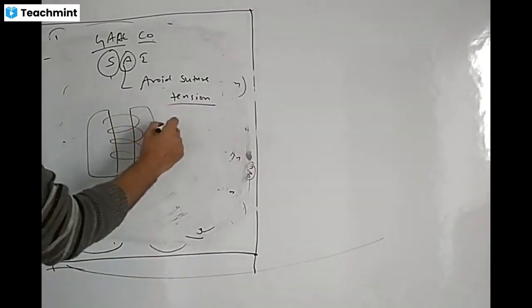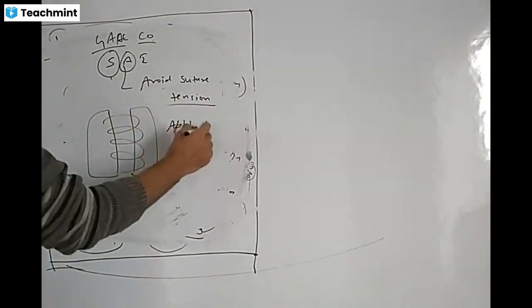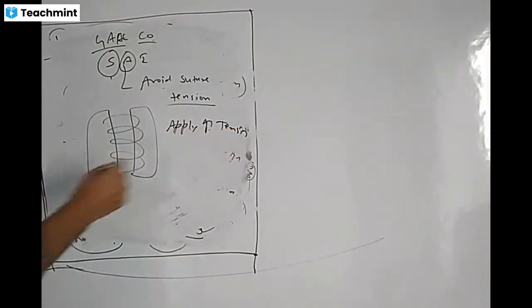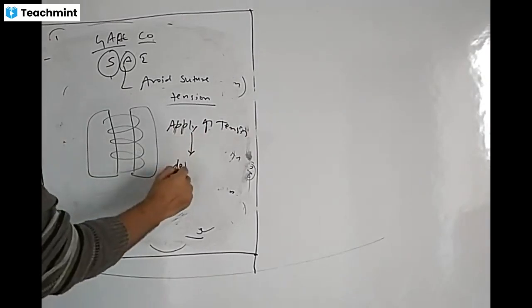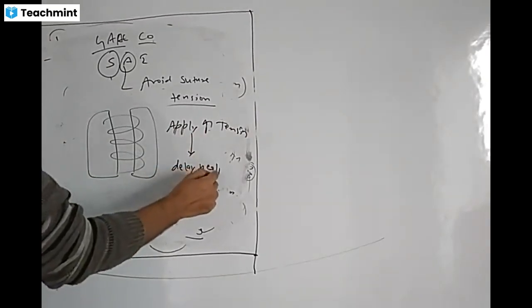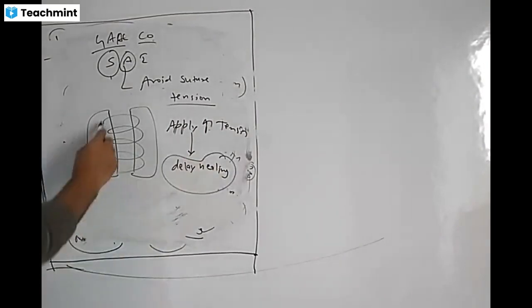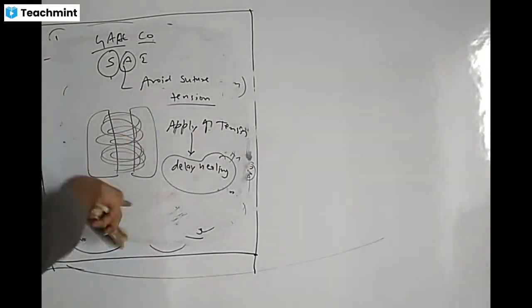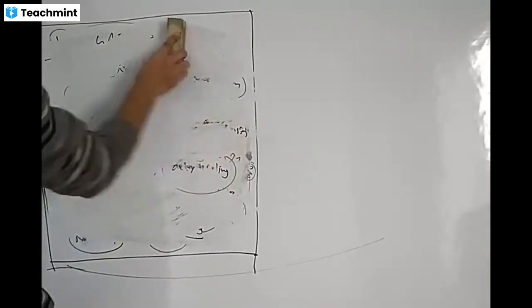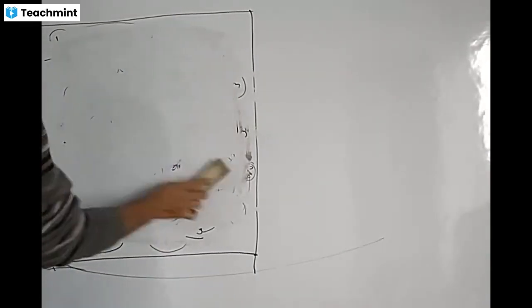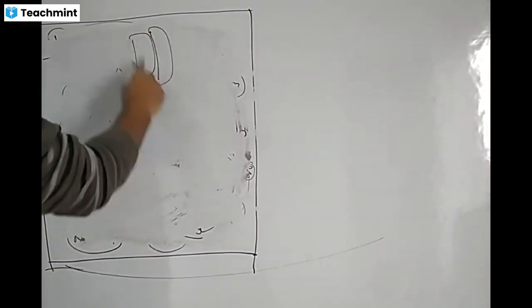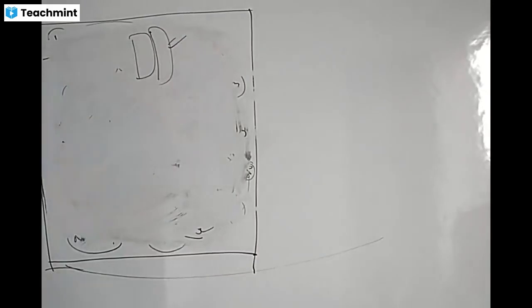If we apply more tension on the suture, if we apply this suture tightly, that may lead to delayed healing. So suture tension must be minimum, so as to oppose the two edges perfectly and allow the healing.